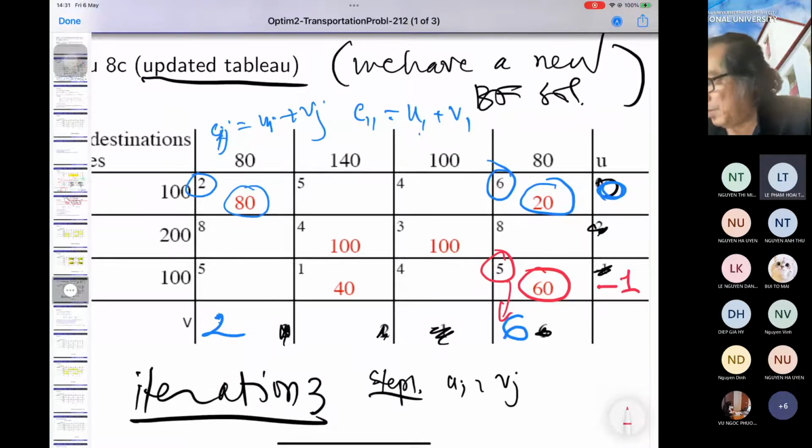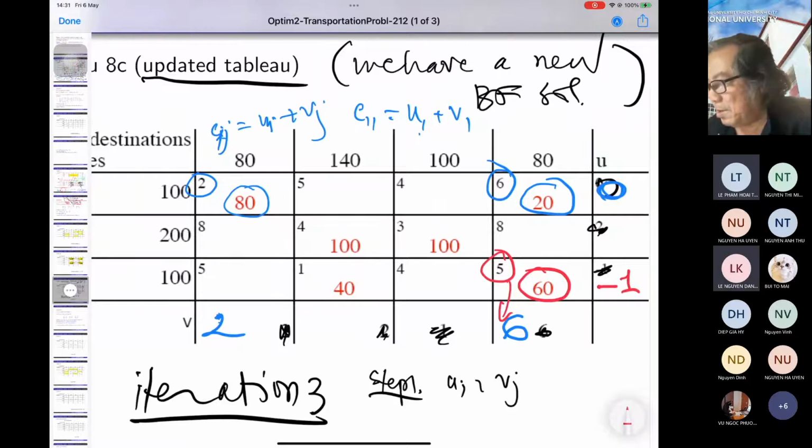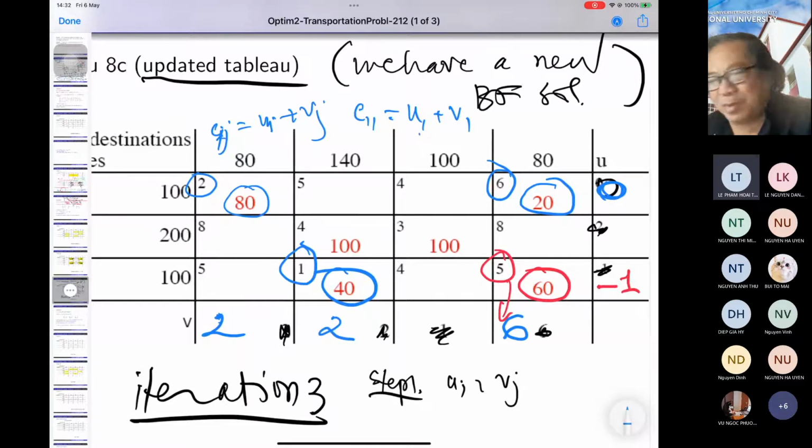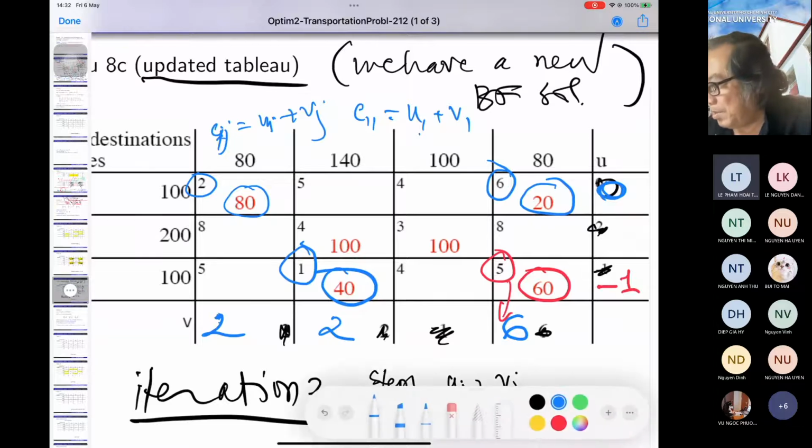And then which cell should we go to? Row 3 and column 2. We come to this. So V2 equals minus 1 plus what? 2. That's right.